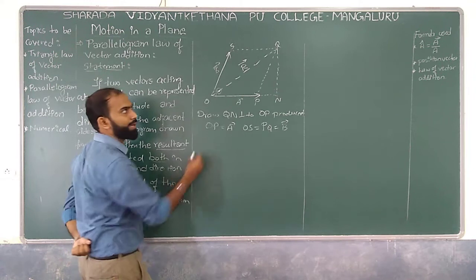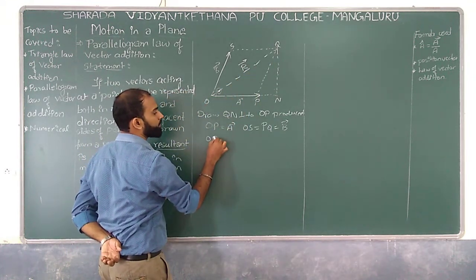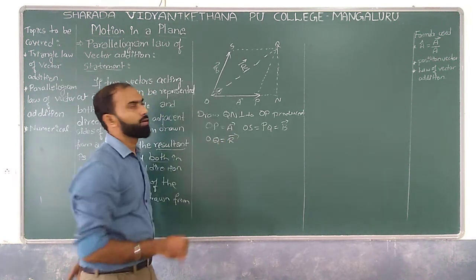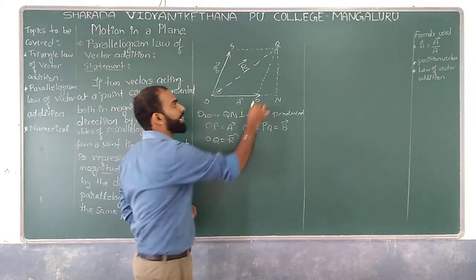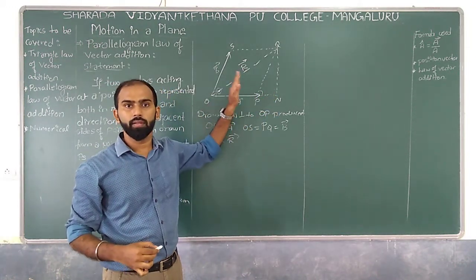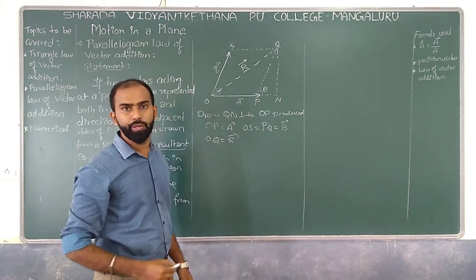What is the R vector? This is the R vector from O to Q, that is OQ, which is equal to the R vector. Then don't you think theta also comes into the picture, because it is a similar angle, as on the board here?